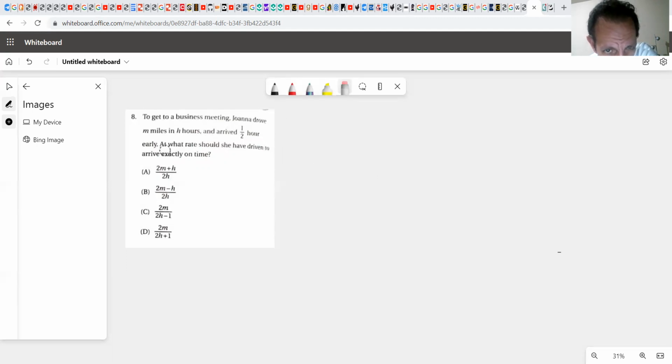So let's say, when you find rate, that is equal to distance divided by t, right? But in this case, her distance was M over h, right?